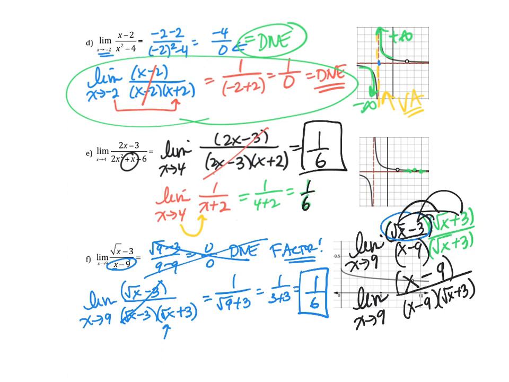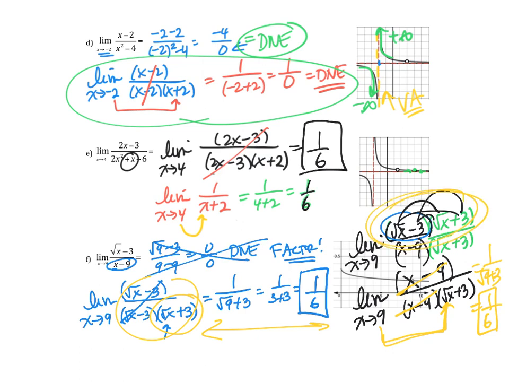But now with your x minus 9 in the numerator and your x minus 9 in the denominator, those cancel, and I'm actually left with the exact same scenario as I had over here in my blue part. And I would just plug in my 9 and I would get the same thing, which is 1/6. So whether you multiply by its conjugate or you use a difference of squares, you're going to get the same answer for your limit.